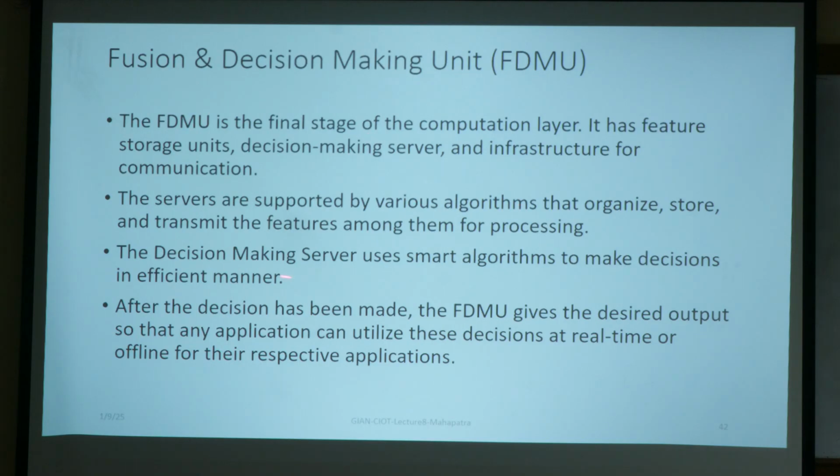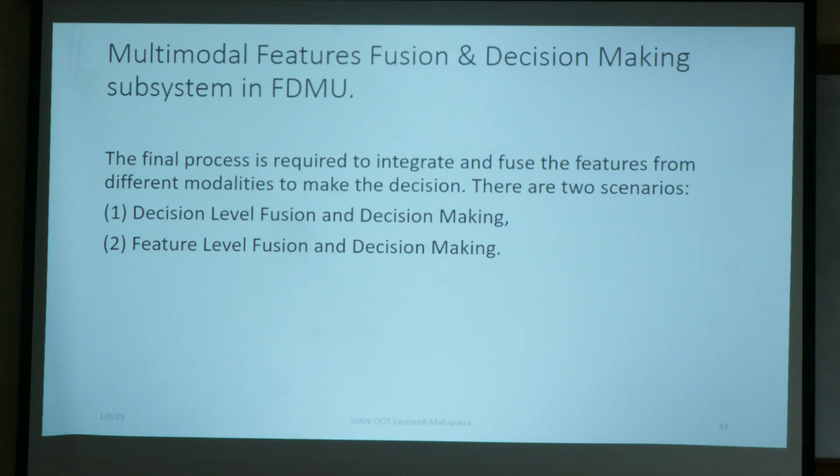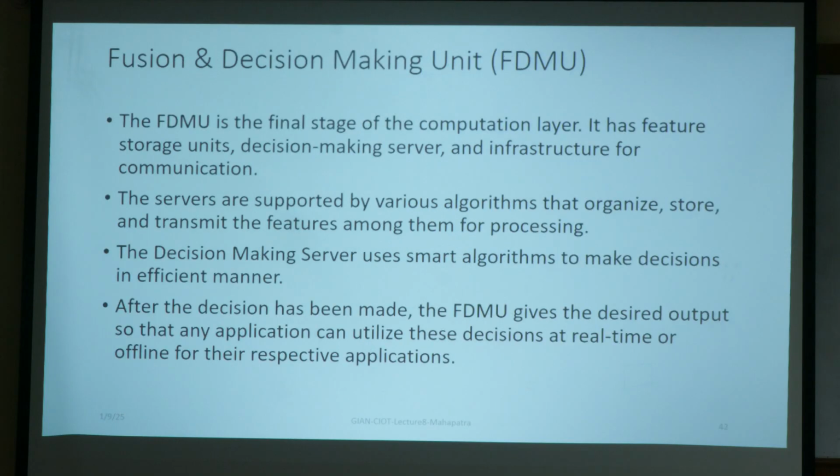The decision-making servers use smart algorithms to make decisions in an efficient manner. After the decision has been made, this fusion decision making unit gives the desired output so that any application can use it in real time or offline. So the final process is, did I miss a figure? No.